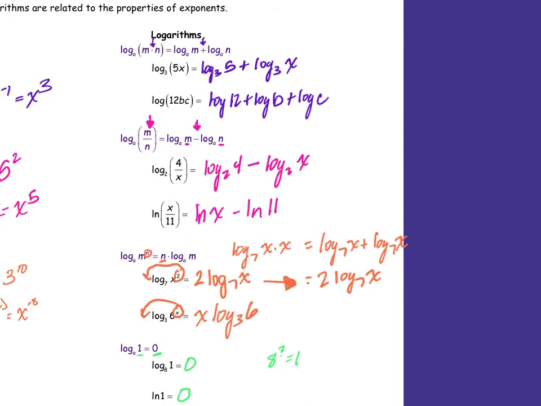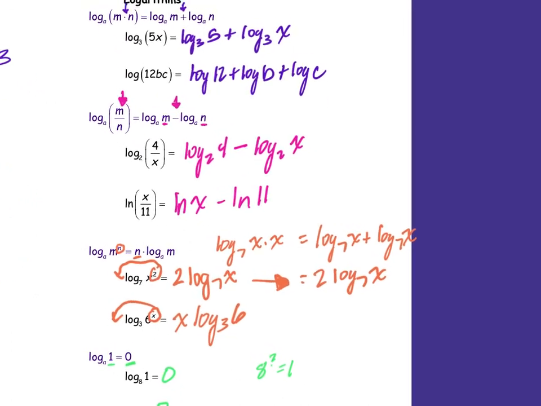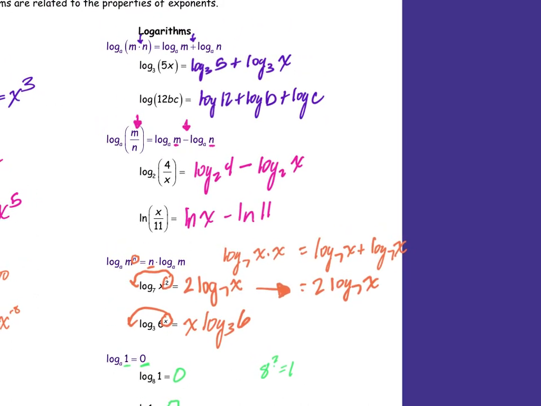So if you haven't written them down yet, either take a picture of them or write them down really quickly. Those are the 3 properties we're going to use today. We're going to review it again tomorrow. We'll use some of the other ones when we're doing the solving.